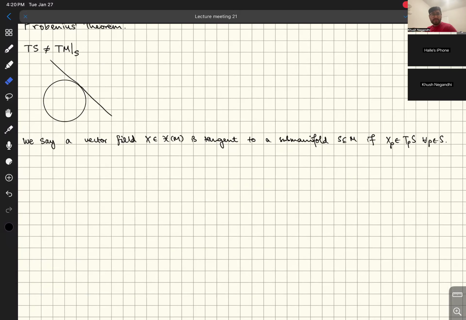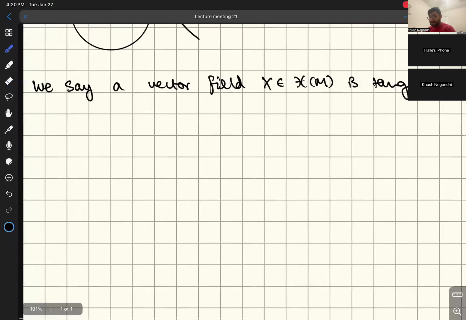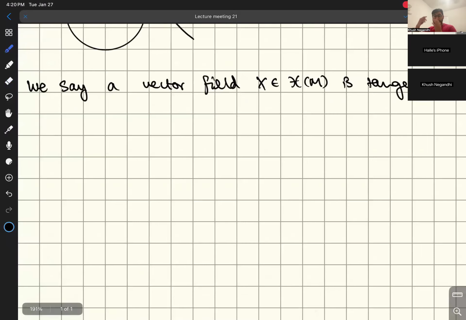But okay, now if you recall, it's in the problem sheet actually. If you have two vector fields that are F-related, then their Lie bracket is also F-related, right? So let's write that down.